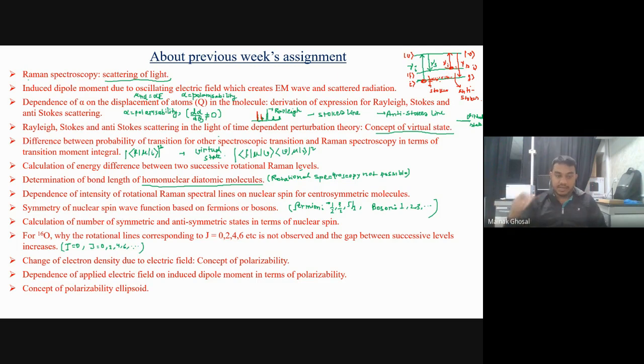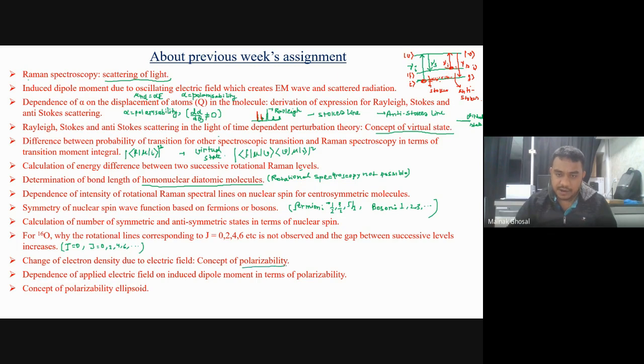I showed you in the previous class that the middle lines are not there. So the gap, which would be 4B if all transitions were happening, becomes 8B.